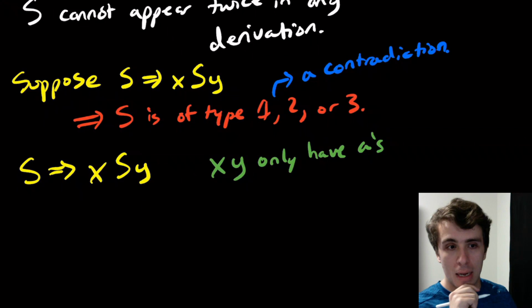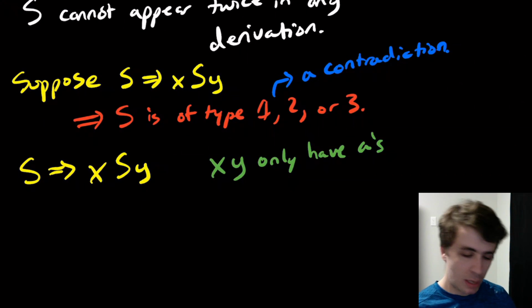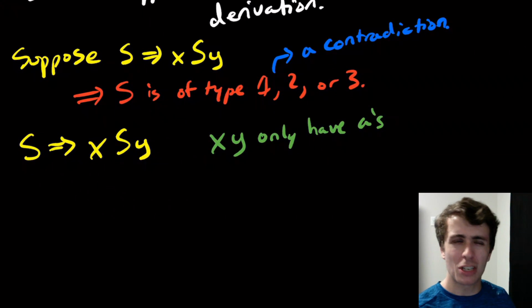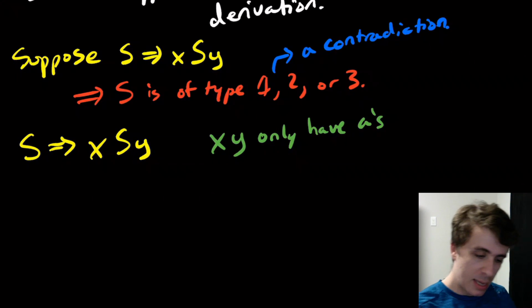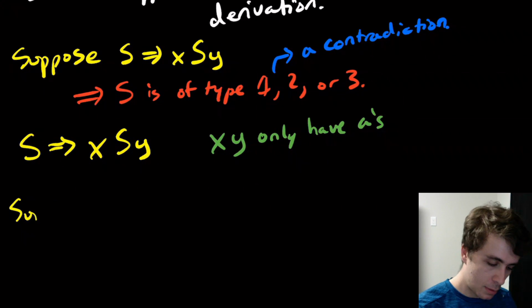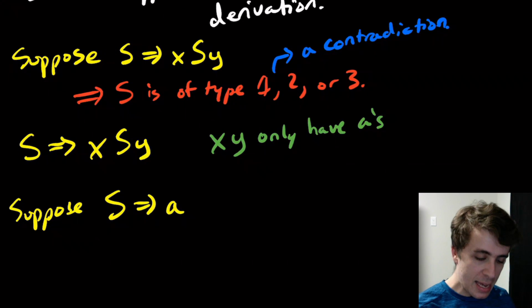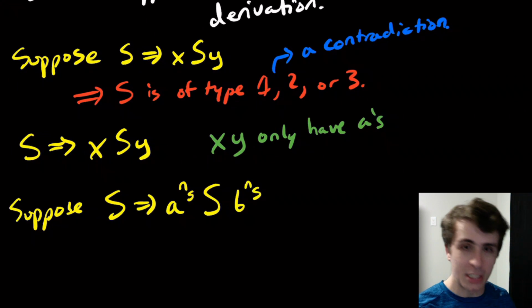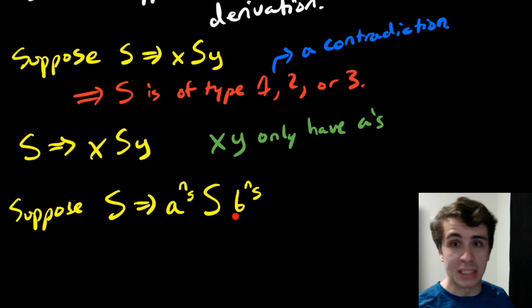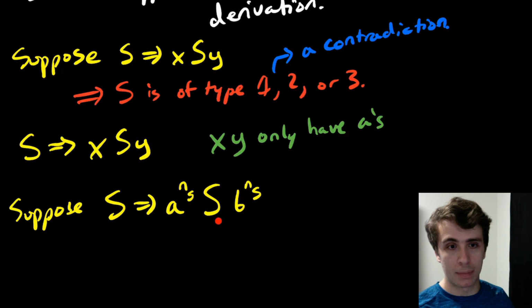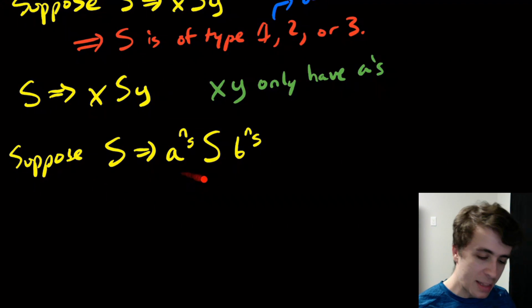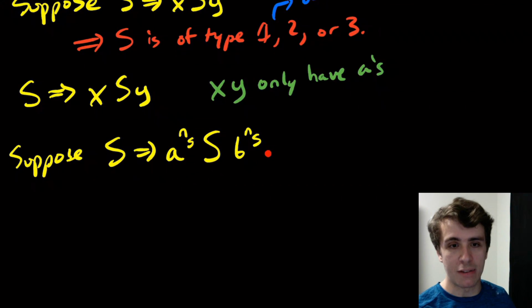Okay, so what do we actually get here? In fact, the other two cases are actually kind of similar. So let's say that we can make S generating a^(n_S) S b^n. So this is case 2. So the number of a's and b's is the same here. You may think, okay, this is fine because the number of c's could in fact be 0.